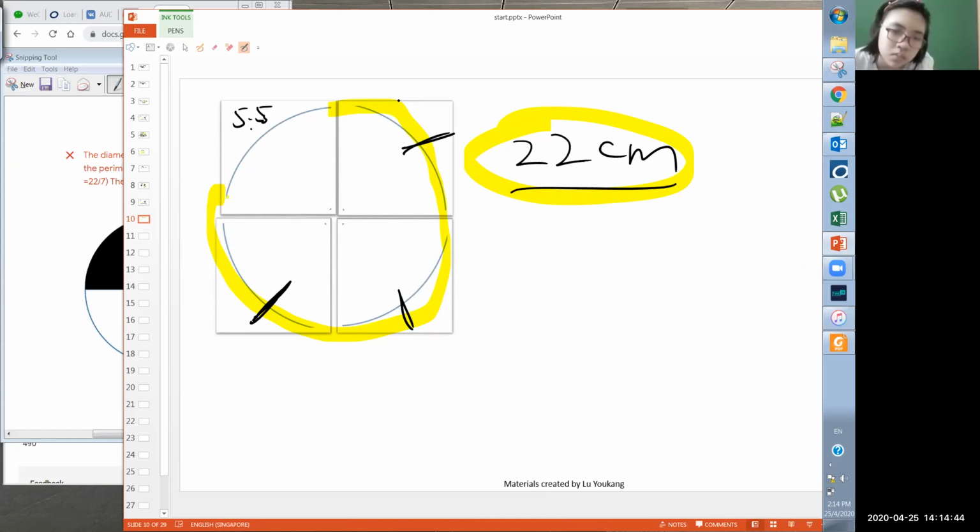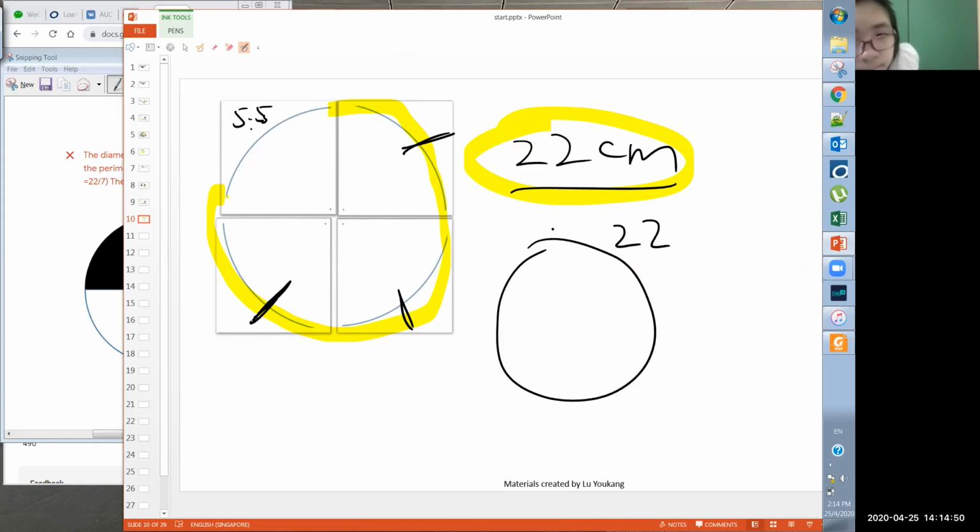What is this yellow color then? The entire circle is 22. This part is 5.5.